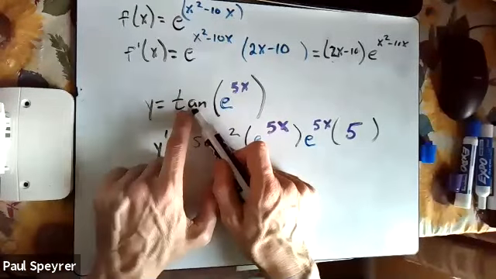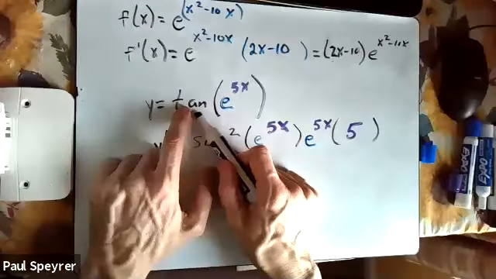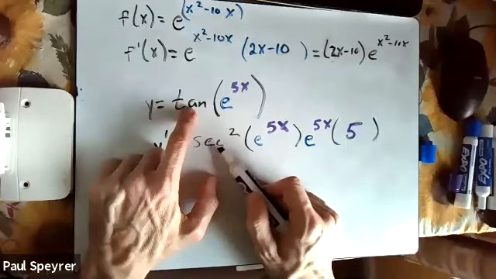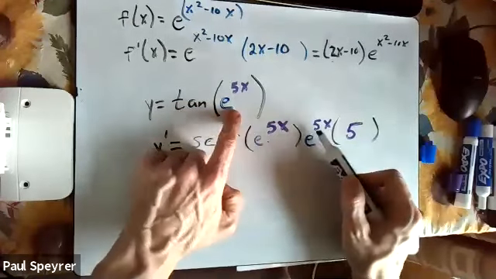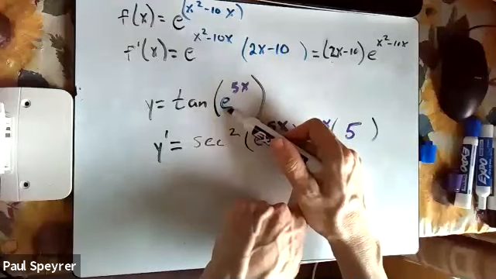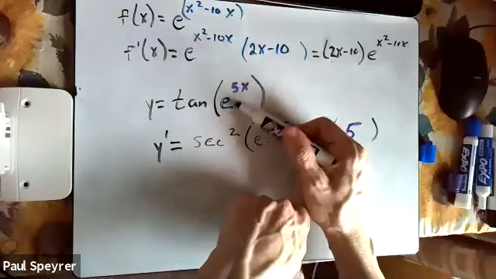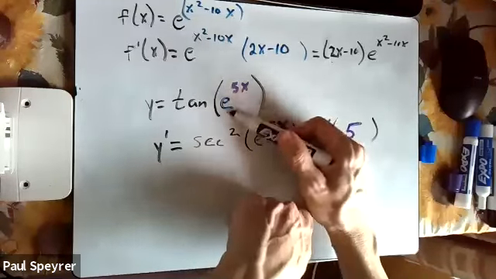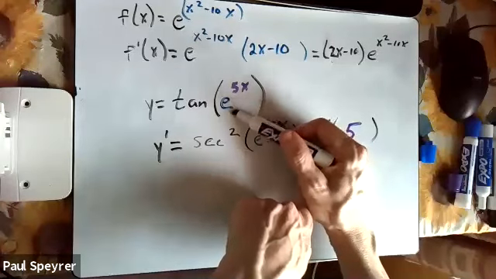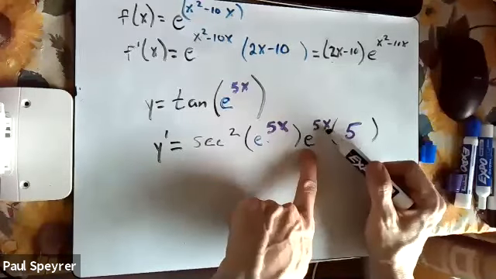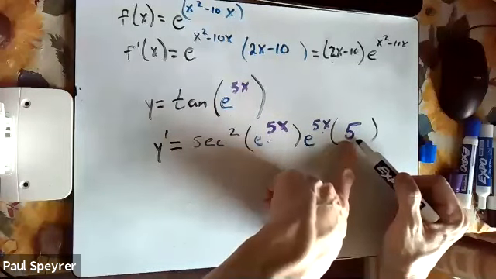So you see what we do right here. First, we derive the outside piece. You always start from the outside and you derive your way in. Derivative of tangent is secant squared. We left everything else alone. Then we derived the next component, the e to the 5x. That was also a chain rule, right? Because again, we have an algebraic function trapped inside of an exponential. So the derivative of e to whatever is e to whatever times the derivative of whatever.